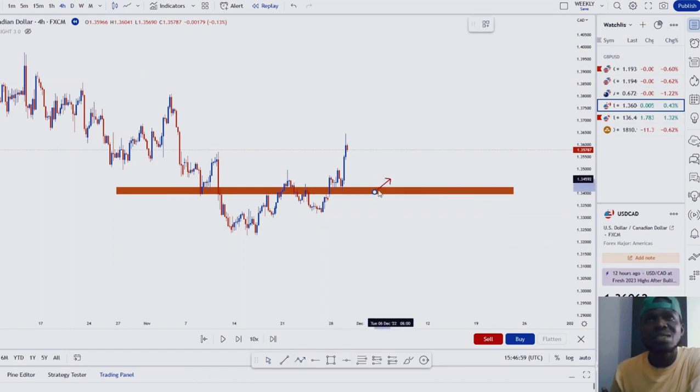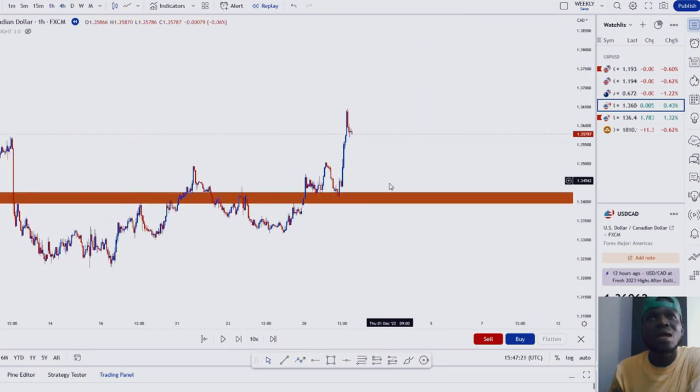This place was acting as a resistance before, price broke this, then we are waiting for a retest back into this zone for the continuation of the market. Our entry time frame is the 1 hour time frame. As you can see, my chart is very clean, open and clean. No complex stuff, no indicators. It's just pure price action.